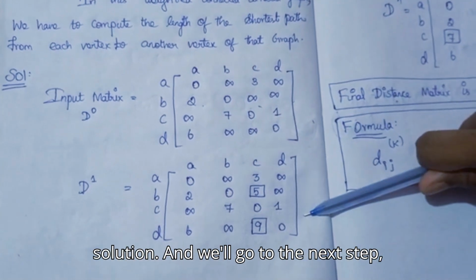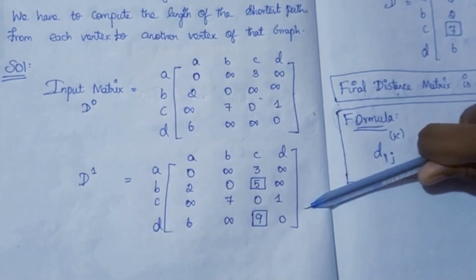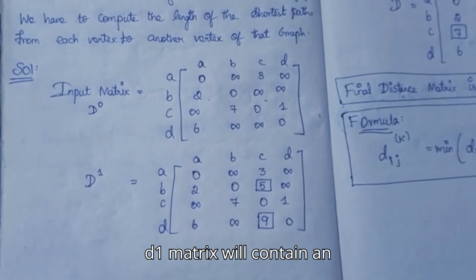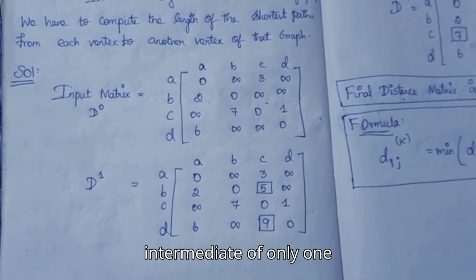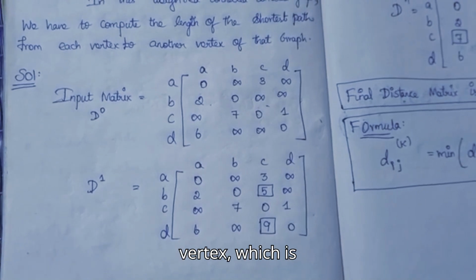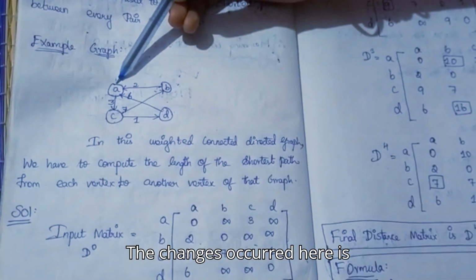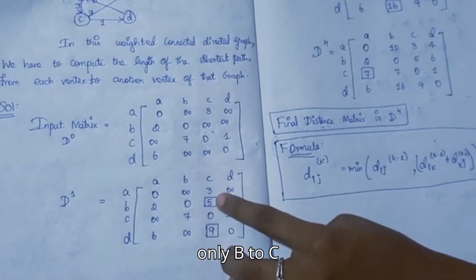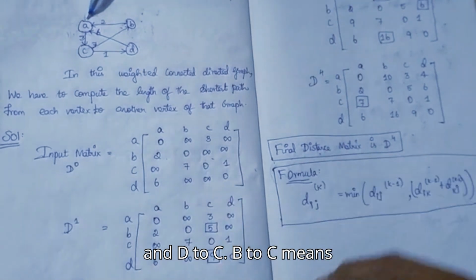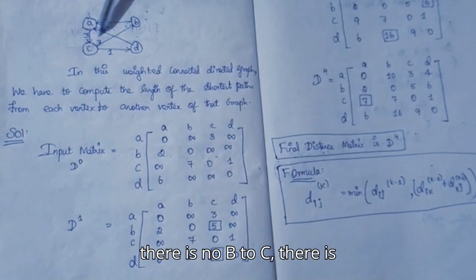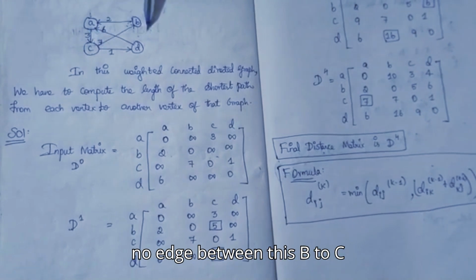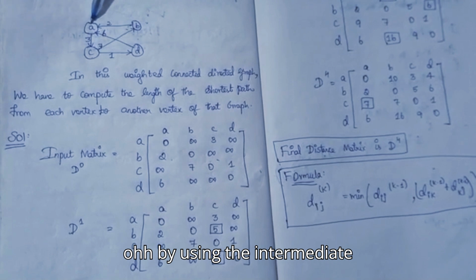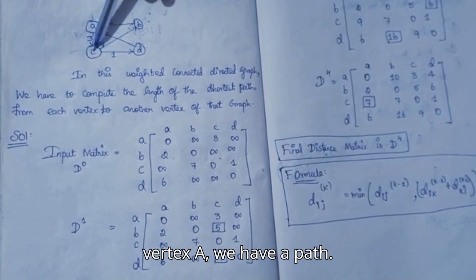We will go to the next step, which is the D1 matrix. D1 matrix will contain an intermediate of only one vertex, A. The changes occurred here are only B to C and D to C. B to C means there is no edge between B and C. By using the intermediate vertex A, we have a path.